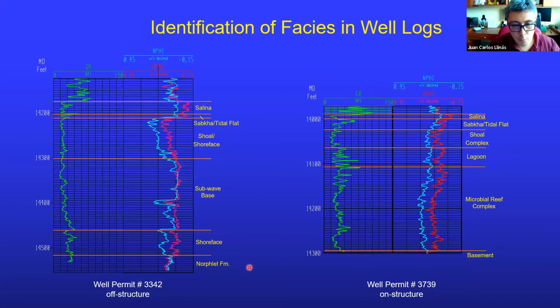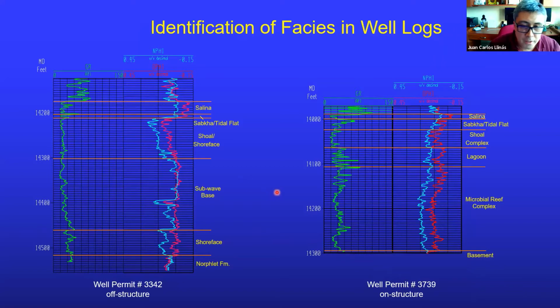And here we have an example of a well log of a well located off structure and one located on the structure, very next to the crest. And you can see what I was mentioning, the increasing porosity in the microbial reef and in the shoal facies. This is an interbedding of shoal and tidal flats. I'll show you later on that we have high order cycles or parasequences that are showing these smaller variations in sea level.